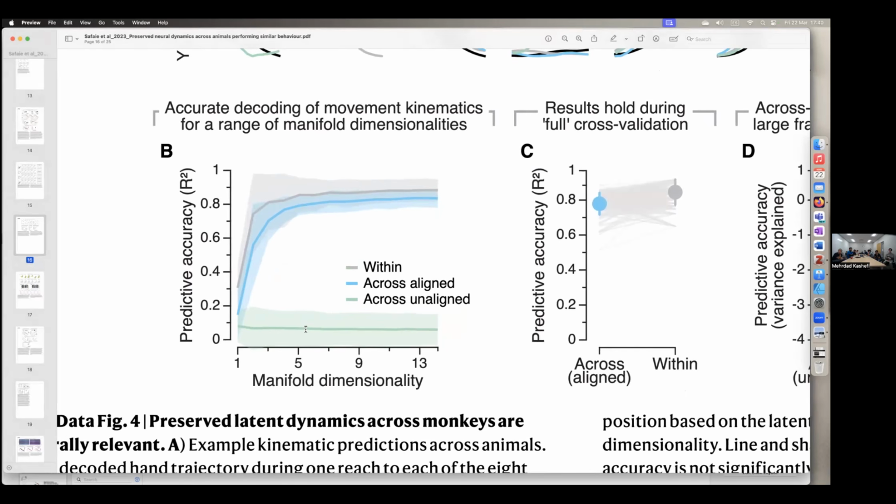So here you can see we've looked at all kinds of manifold dimensionalities to see how well it can predict. At the very beginning, with one PC, we get really poor decoding because you at least need 2 dimensions to explain the task. But afterwards, you have better decoding. If you think only 2 dimensions are needed, then maybe you just need a 2-dimensional manifold, but that doesn't explain a lot of the variance. Maybe it explains 50%. So you do need a lot more dimensions, but after a while, it just plateaus.